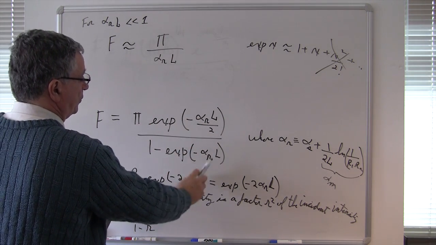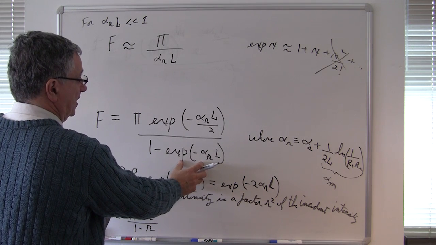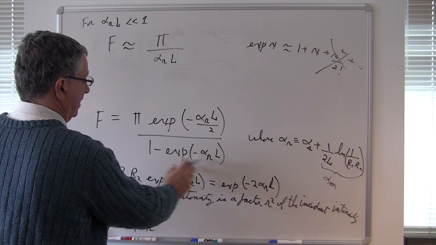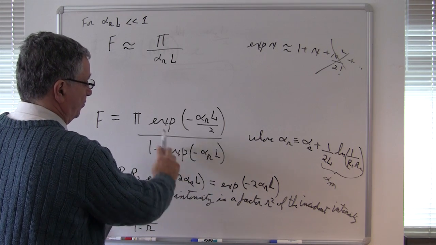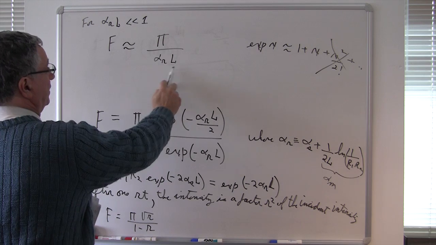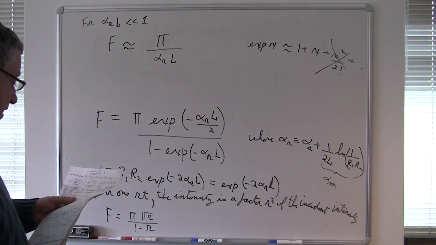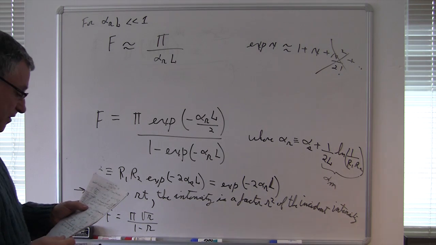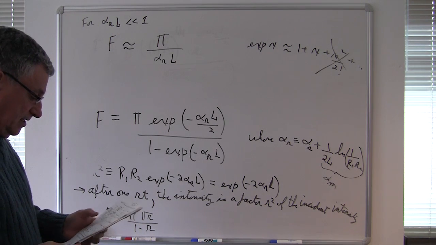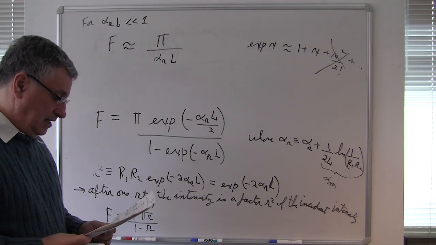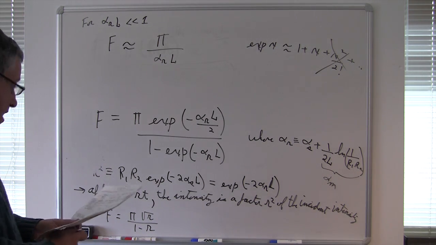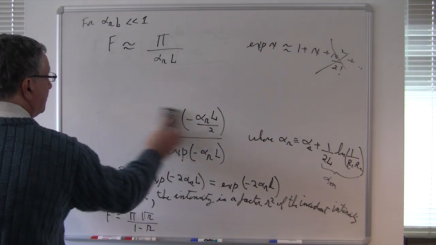In the denominator, you get 1 minus alpha RL, and because of the minus sign, the 1 cancels and you're left with alpha RL in the denominator. So this is the approximate expression for the finesse in the case where the distributed loss is very small. Now I'm going to erase the rest here.